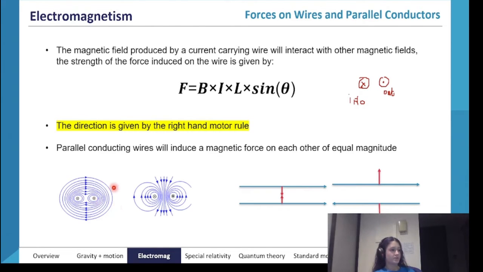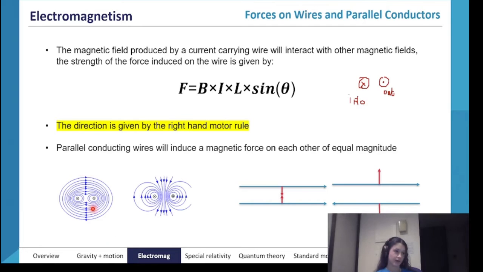This is going to create this massive loop of a magnetic field, because if we use the right-hand rule, with our thumb going into the page, at all points on either of the wires, the magnetic fields generated are going to combine, right?